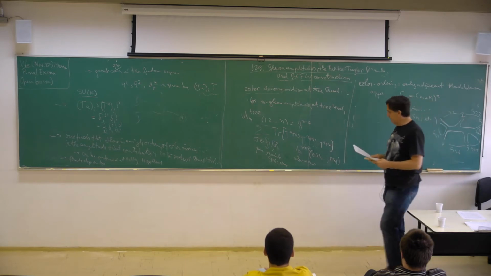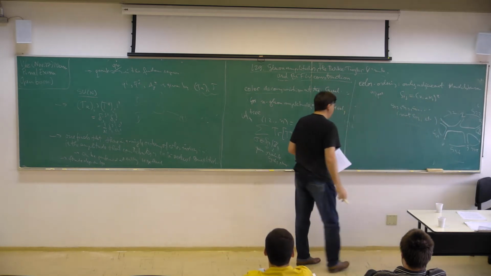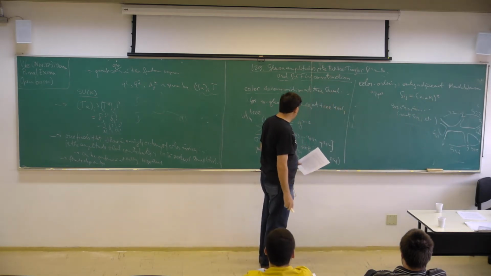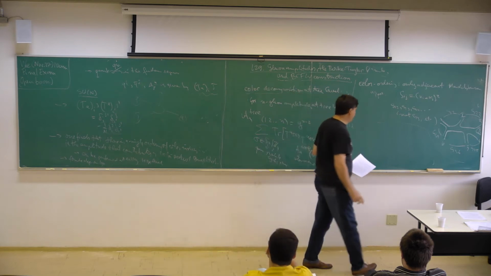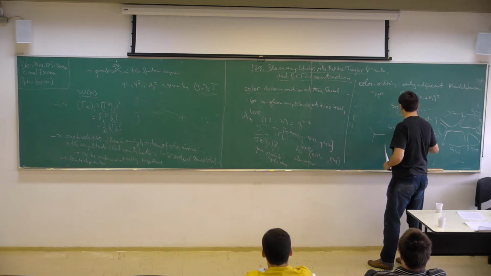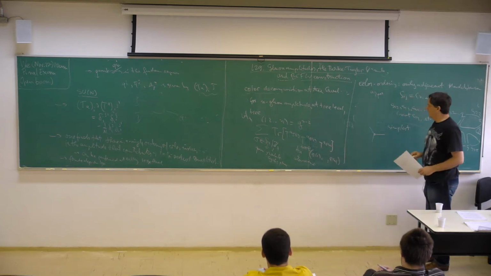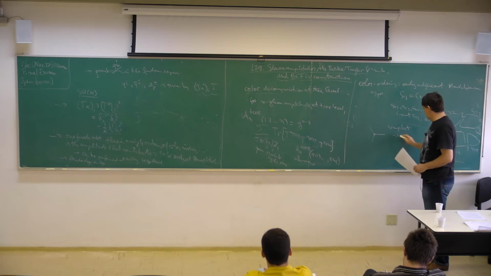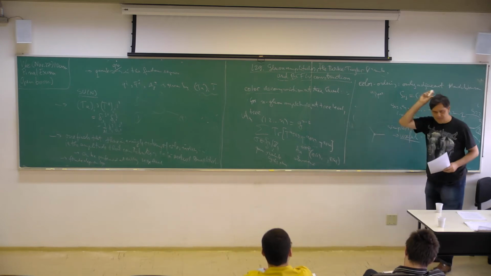What is the simplest thing we can calculate? The simplest thing would be a 3-point amplitude. It turns out that's not only simple, it's actually useful.